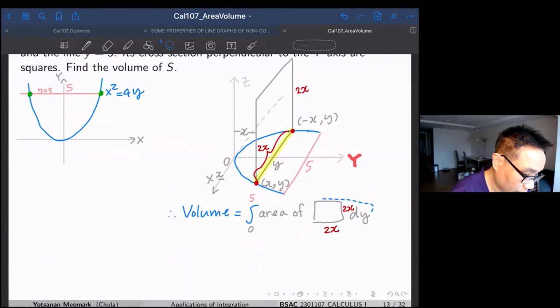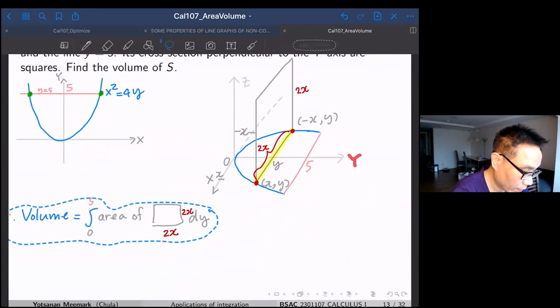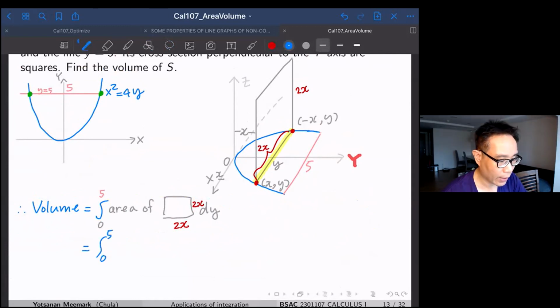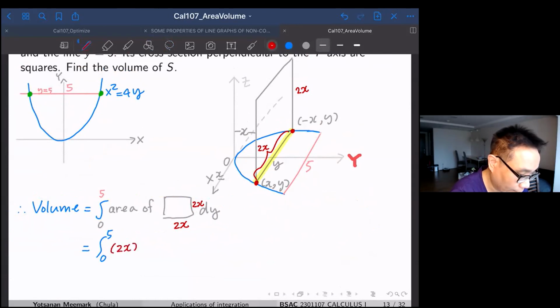Let me move this. So this one will be the integral from 0 to 5, and the area of this square turned out to be 4x squared. Let me write it in red, and it's going to be dy.